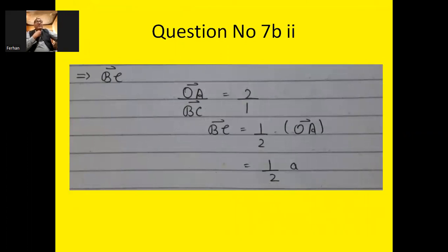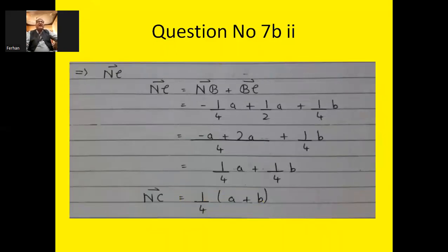OA by BC is 2/1, so BC is 1/2 of OA. So it will be 1/2 of a. So NC will be NB plus BC. So the value will be minus 1/4 a plus 1/2 a plus 1/4 b. So bring a and a together and solve them. Minus 1/4 plus 1/2 gives you 1/4 a, plus 1/4 b.